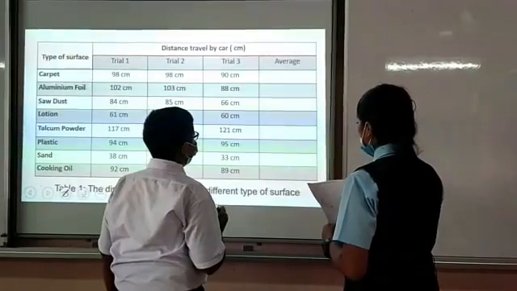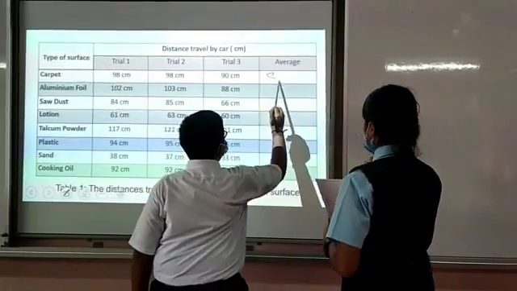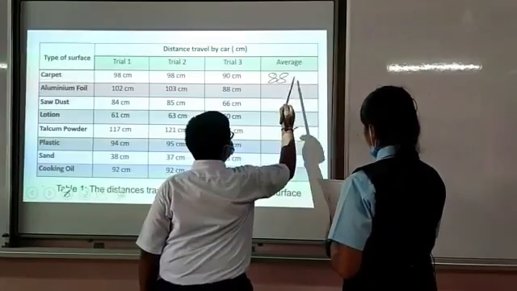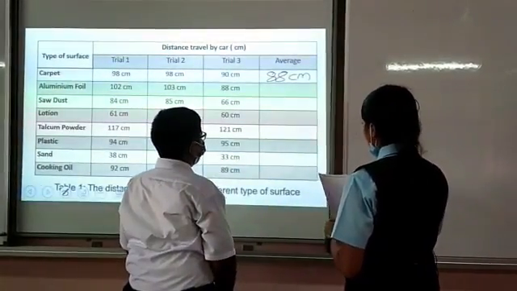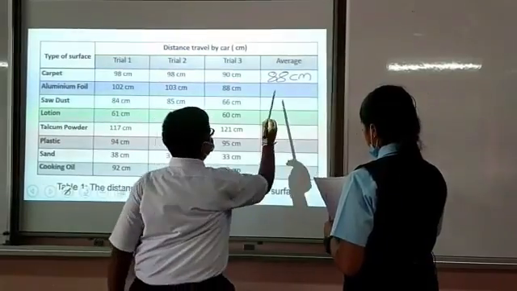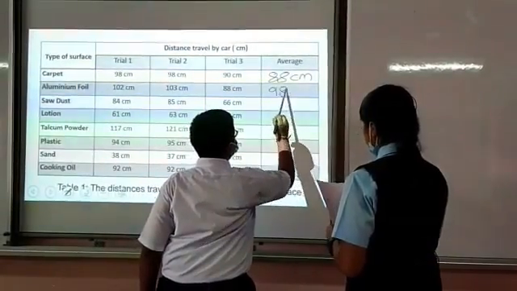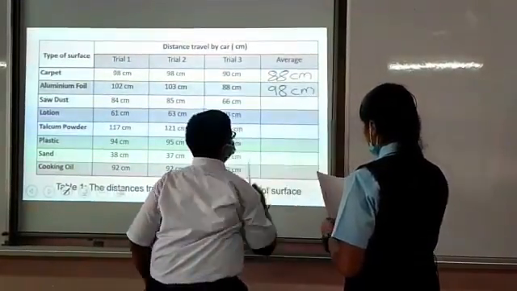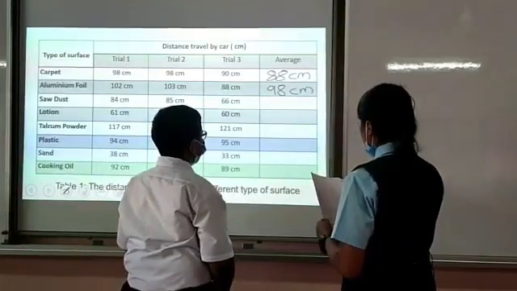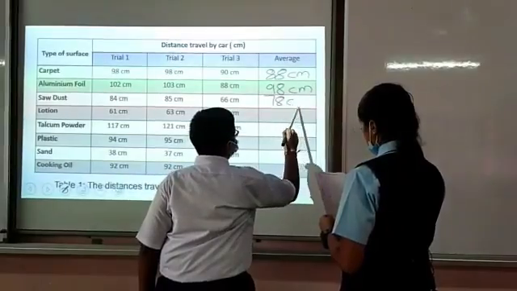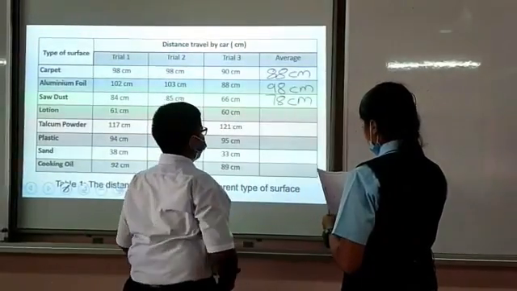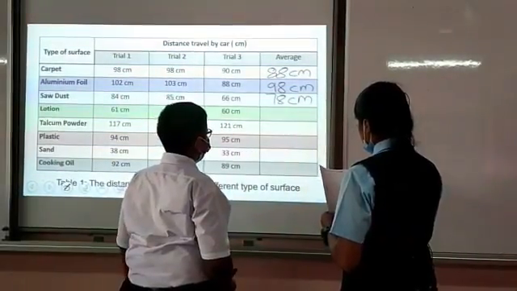Carpet 88 centimeters. Aluminium foil 98 centimeters. Sawdust 78 centimeters. Lotion 61 centimeters.